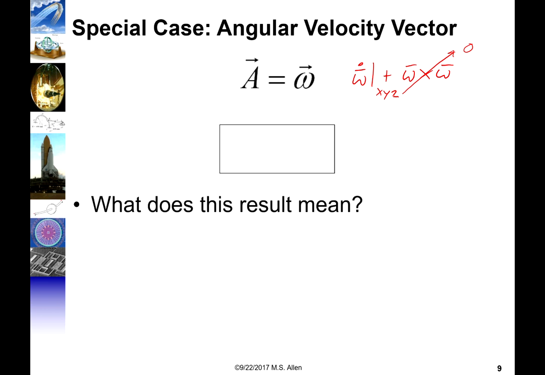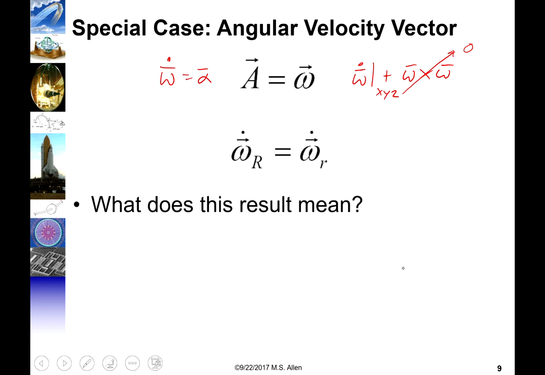So this, though, would be the omega dot holding xyz constant, or omega dot in the relative frame. So in other words, it says that the derivative of omega, the total angular velocity, or alpha, is the same as if we took the angular velocity relative to the xyz coordinate frame.